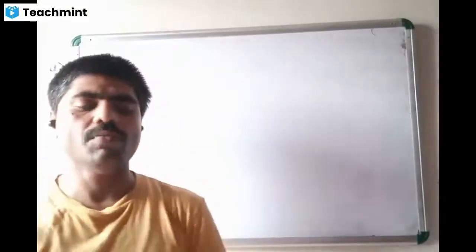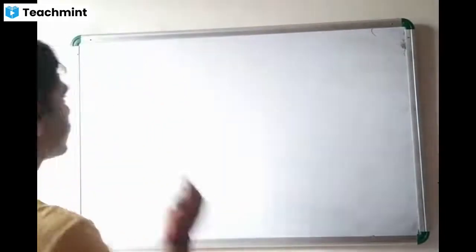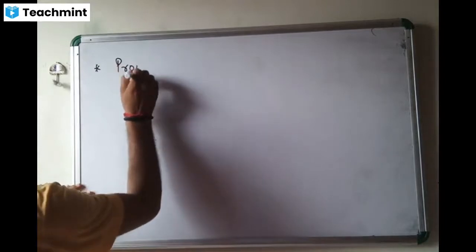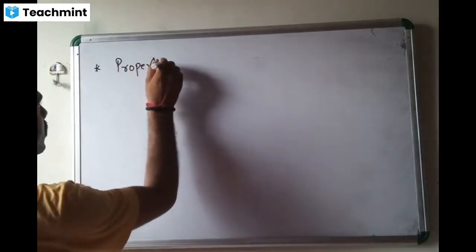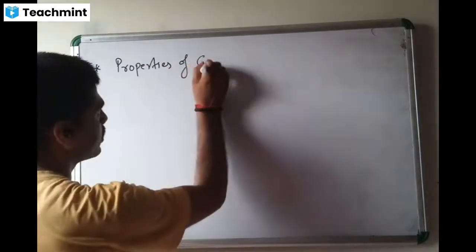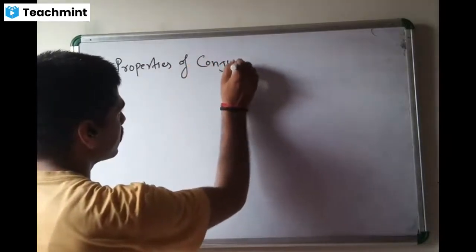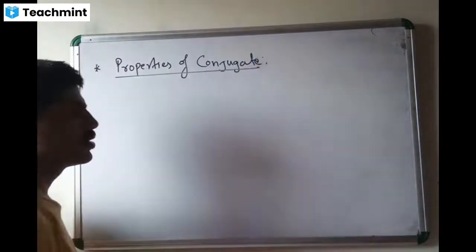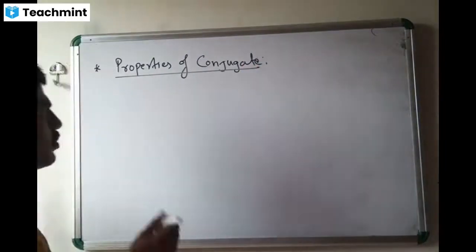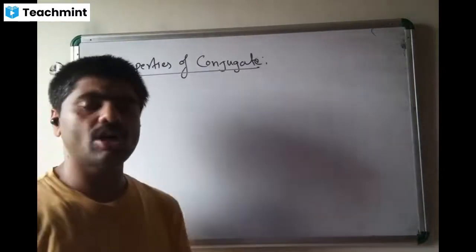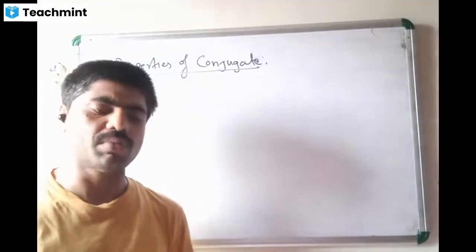Properties of conjugate. Now the first property is that the conjugate of a conjugate of a complex number is the given complex number.